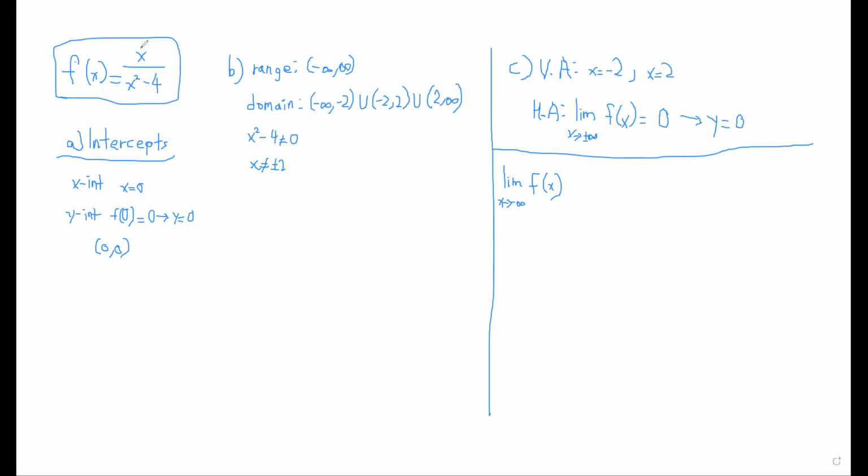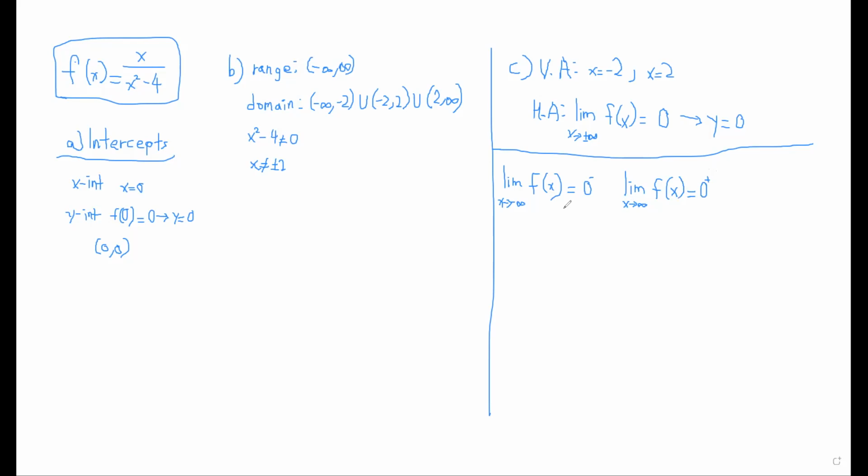This is negative. It's 0, so the answer is going to be 0, but it will be a very, very small negative number. So that's used to indicate 0 negative. What about positive infinity? Well, it's just going to be 0 plus, a slightly positive number.